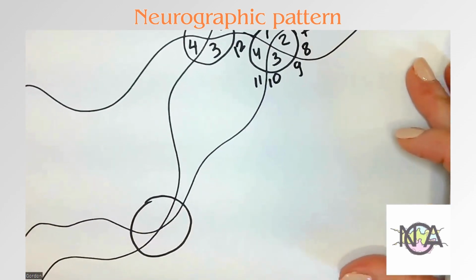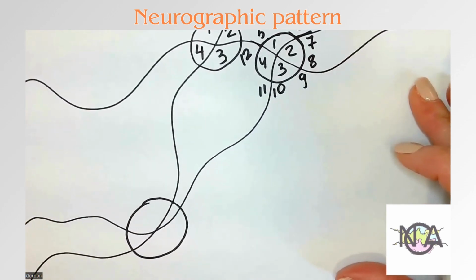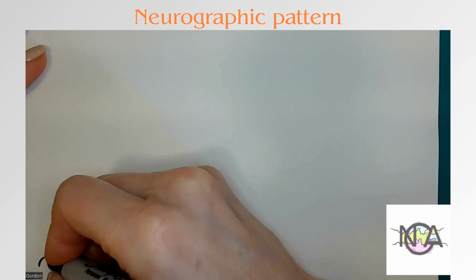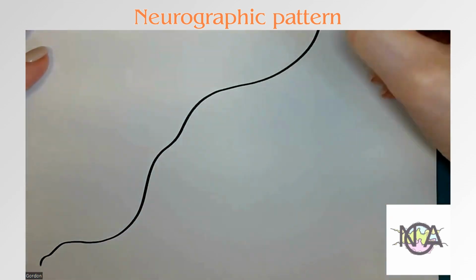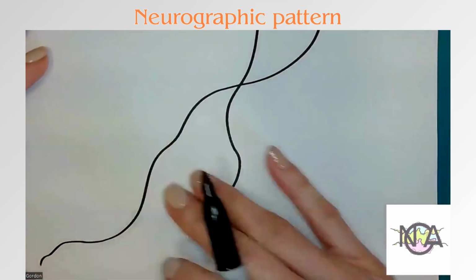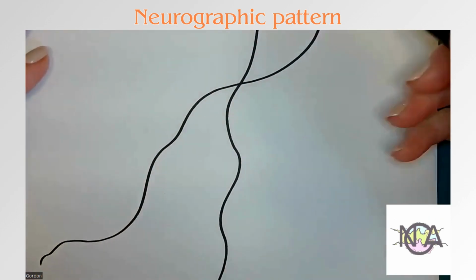How do we round intersections? So how do we round corners? Let's say we have two neurographic lines and they intersect and they make four corners.